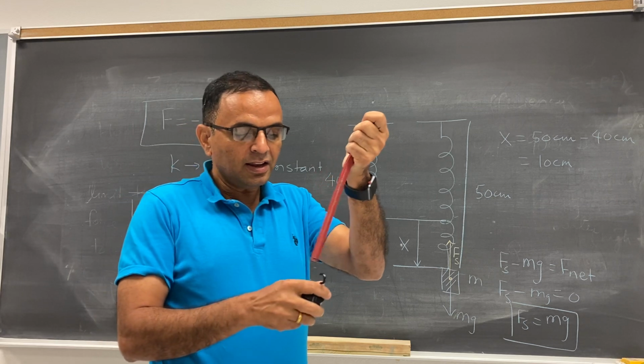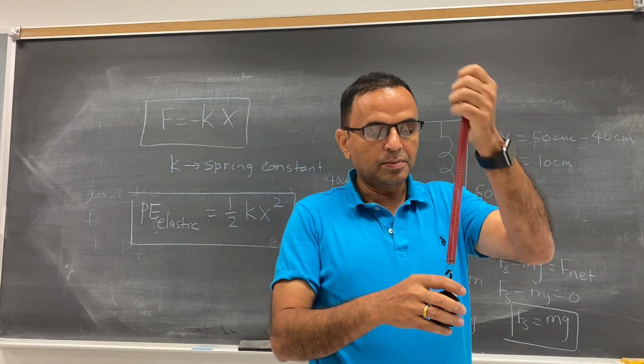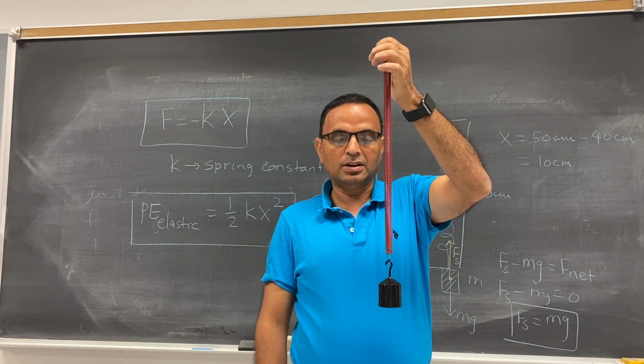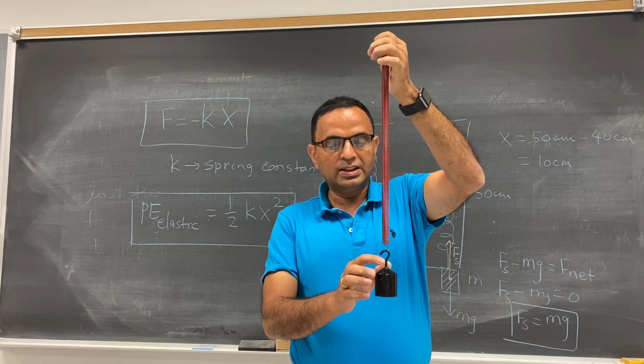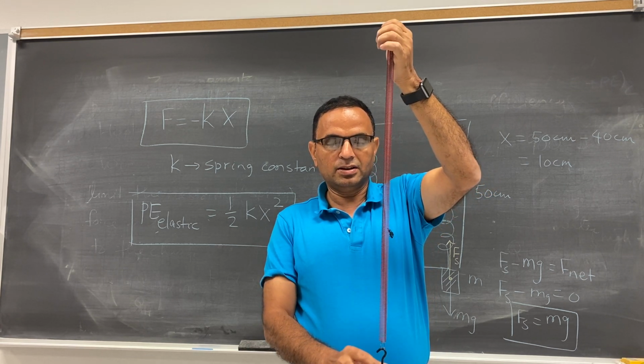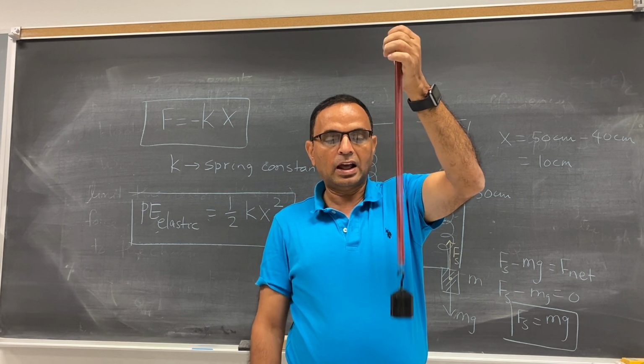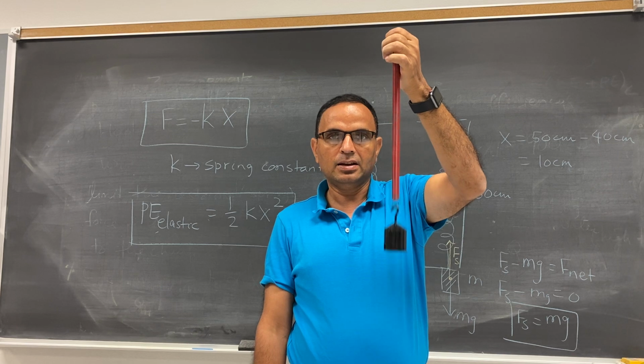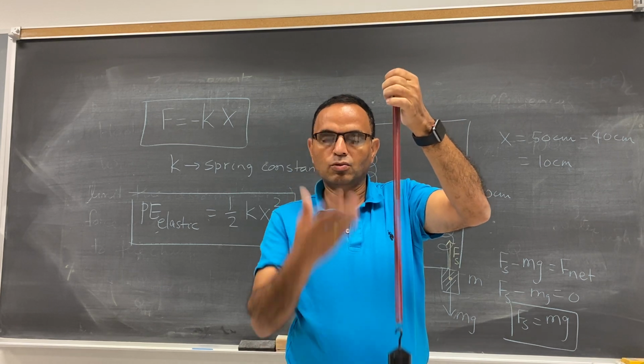Now the concern here is vibration. This position is the equilibrium position. Now if I pull this mass a little bit down and let it go, the mass is vibrating, oscillating, moving up and down.